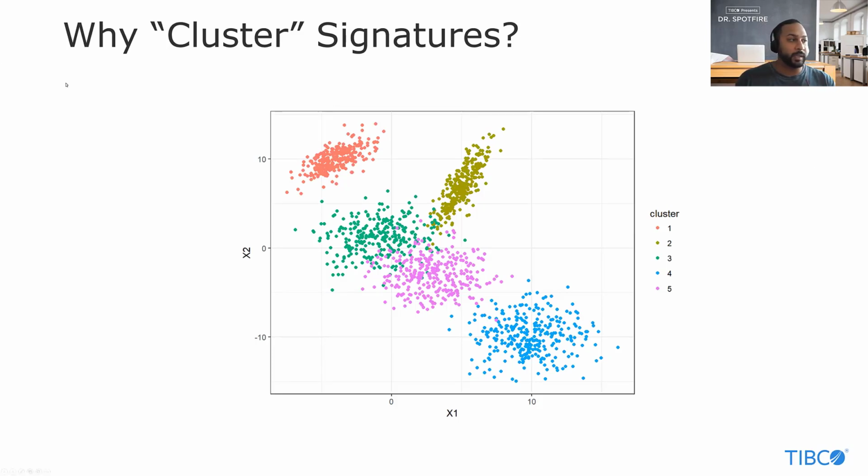And why should we cluster our signatures? Well, if we have a lot of different anomalies, a lot of different variables that are interacting, the clusters allow us to look at multiple dimensions more easily.